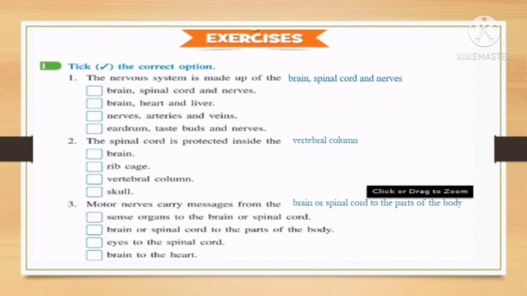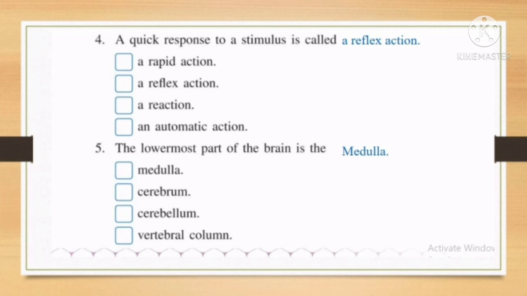And the correct answer is brain or spinal cord to the parts of the body. So motor nerves carry messages from the brain or spinal cord to the different parts of the body.